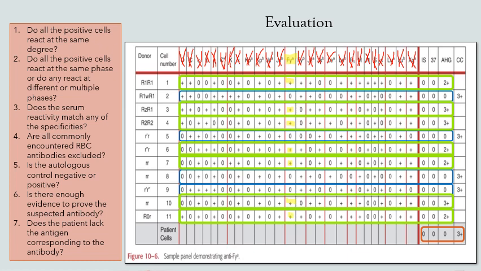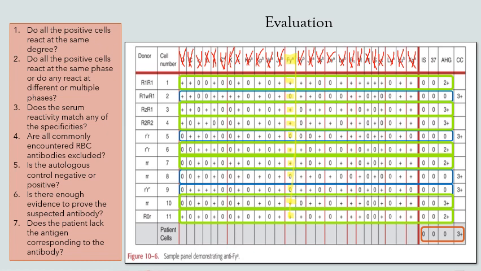So lahat ng cell number that matches our reaction here in the AHG phase. So, if mapapansin nyo, if we highlight also this one, these negative reactions, so mapapansin nyo, sorry, let me erase that.